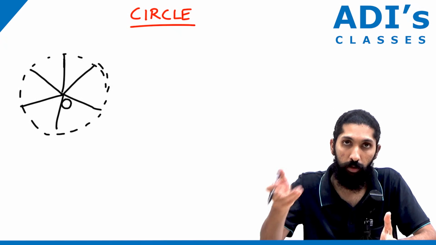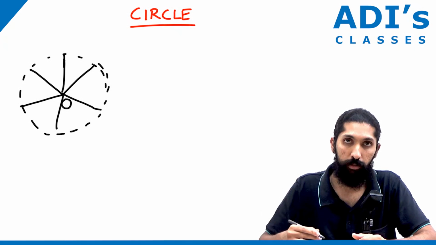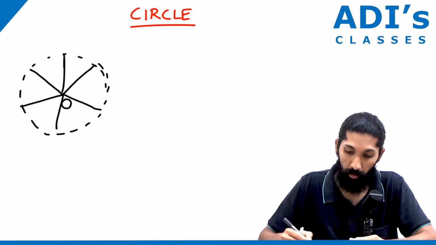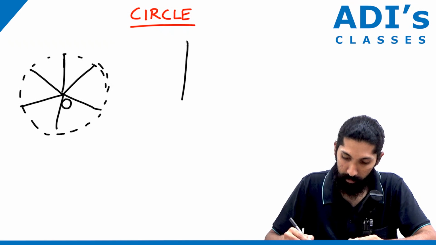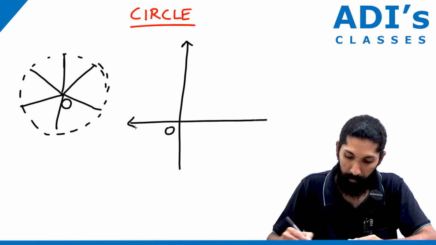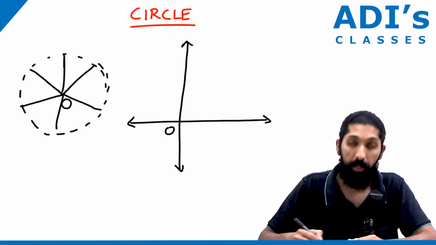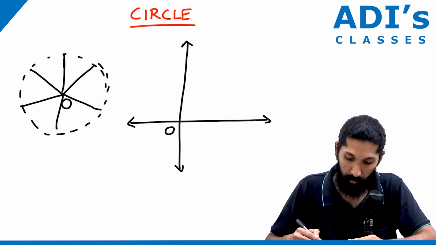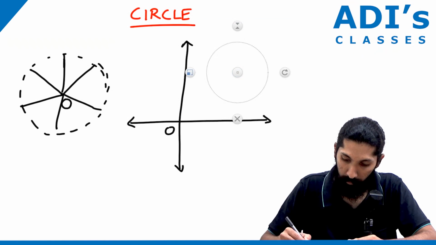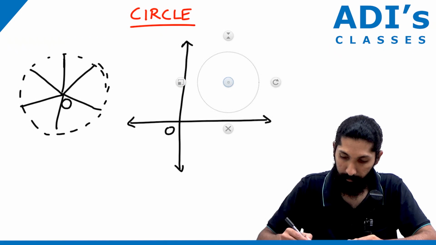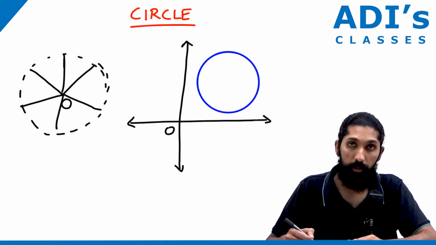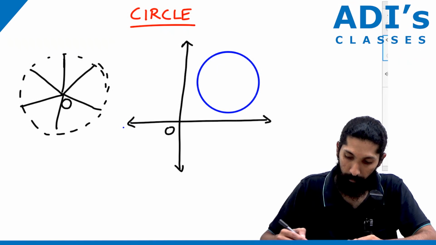Now all of you know how a circle is written. I'm not going to look into that one. But since we are looking into coordinate geometry concepts, assume that you have the x and y axis. We are not going for 3D as of now, we are just looking at 2 dimensions. So assume that you have the x and y axis, something like this, and a small circle here.